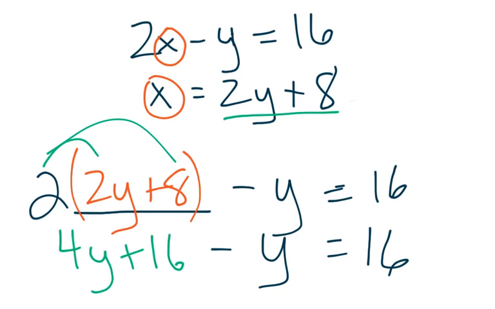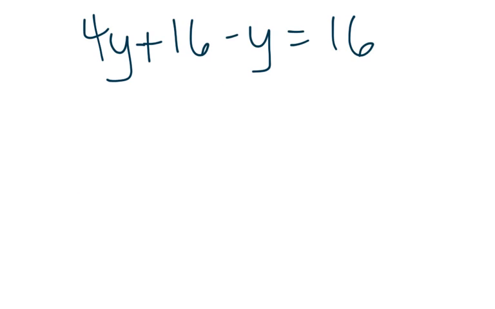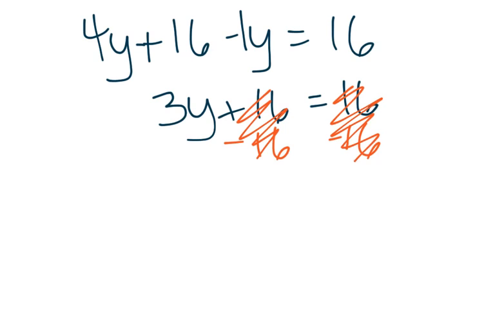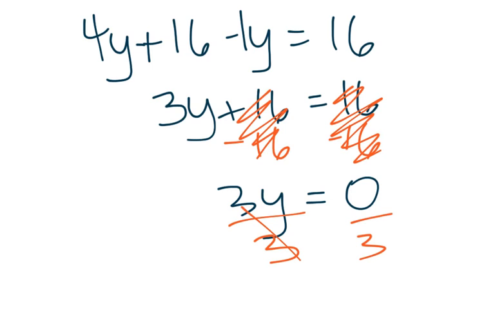I think some things are going to cancel out, so let's see what happens. Alright, when I put my y's together, I'm going to get 3y, because 4 minus 1, because this is a 1y, plus 16 equals 16. What I was noticing earlier is that when I subtract 16 from both sides, both of these are going to cancel. You know, I'm going to get 3y equals 0, which is fine, but y is going to be 0.